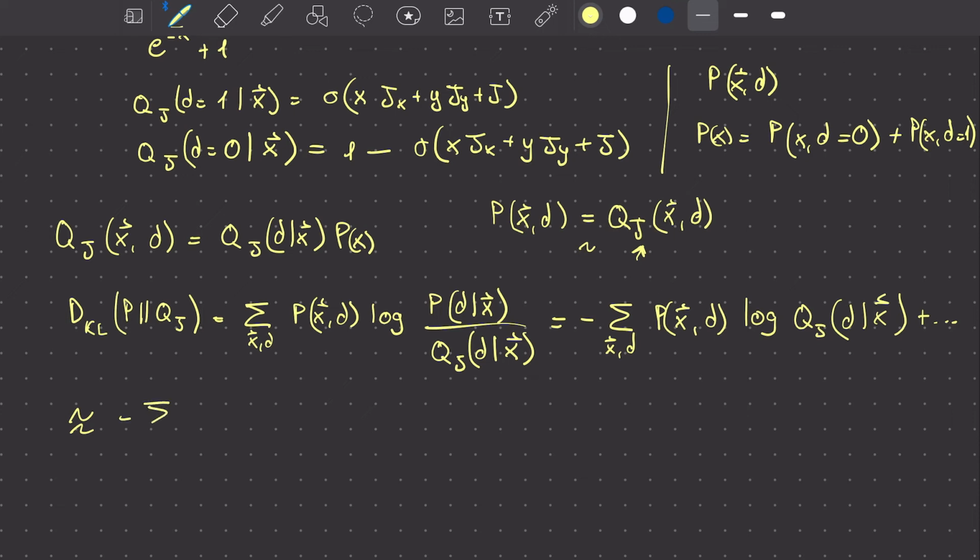It would be the sum over i of all the data of 1 over n, where big N is the amount of data that we have, times the logarithm of our model for the specific d.